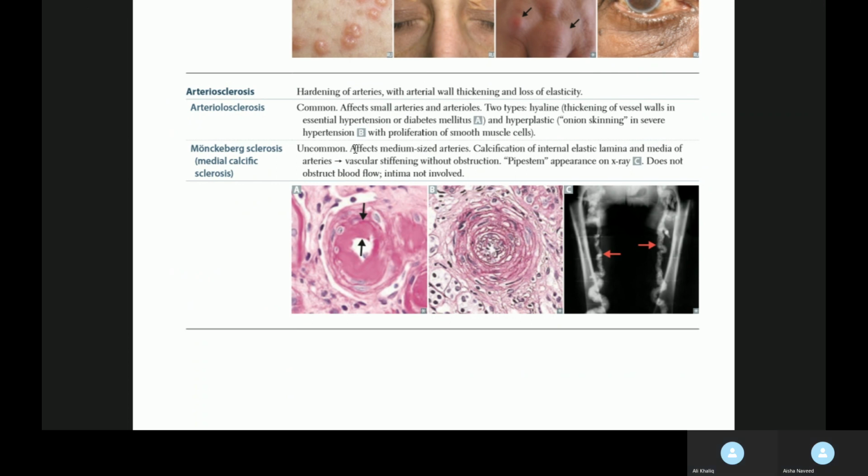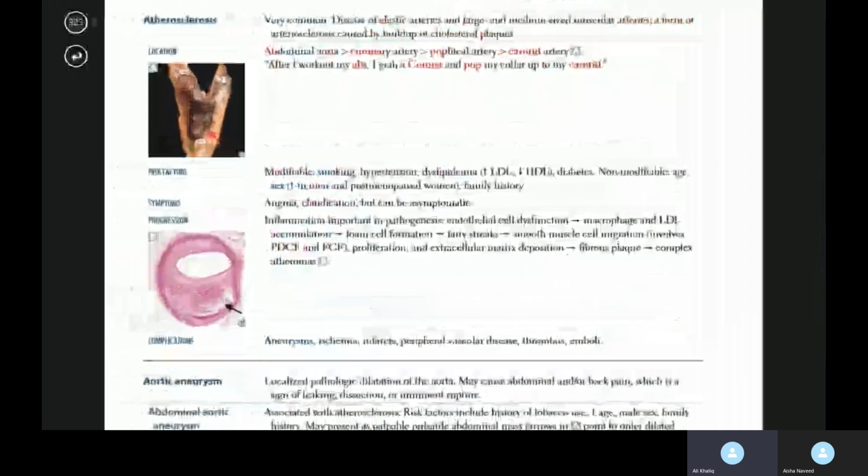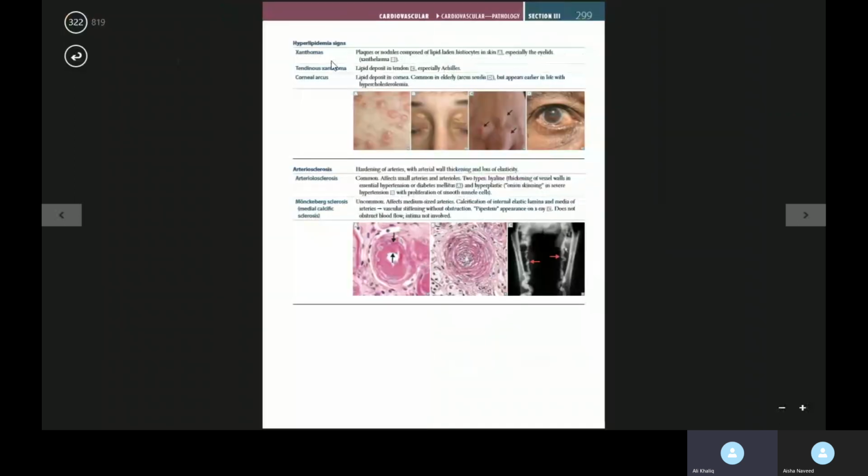Then comes your atherosclerosis. That was arteriosclerosis; this is athero. Remember, athero comes from the word atheroma. Here we saw xanthomas, remember? Whenever they say atheroma or xanthoma, they are talking about lipids.